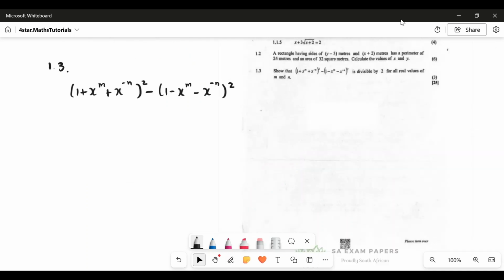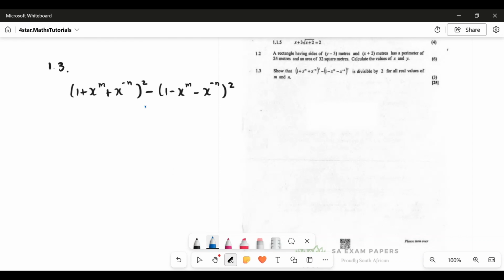And remember, when we say something is divisible by 2, we are referring to the multiples of 2.